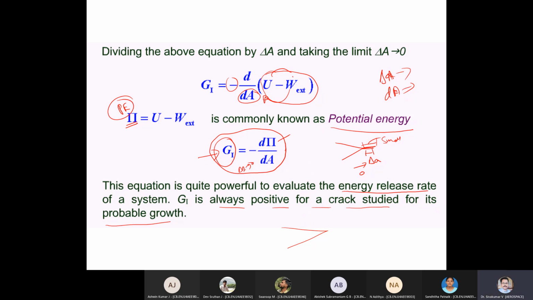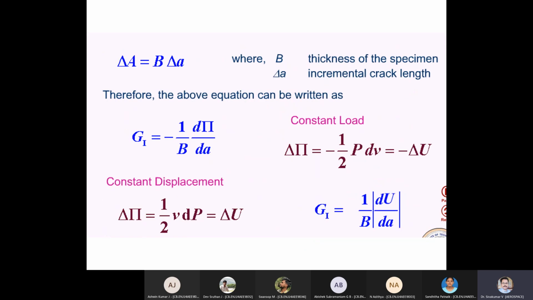So what is G? It is nothing but the differential quantity of potential energy with respect to area. Once I know that, I can easily get the G1. What is delta A? B into delta a, where B is the width or thickness of the specimen, and delta a is the incremental crack length.